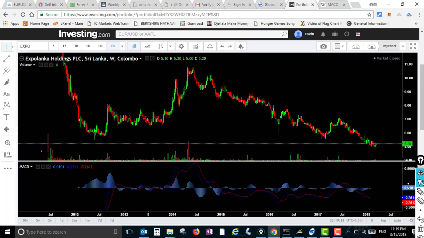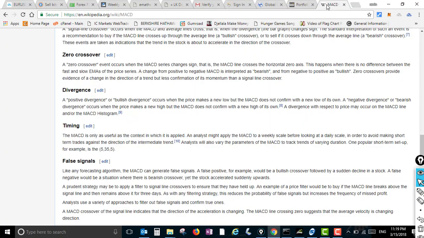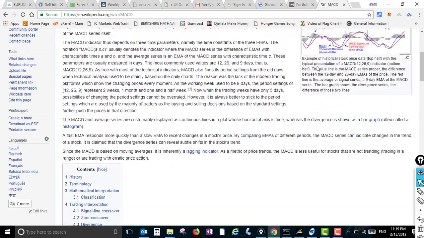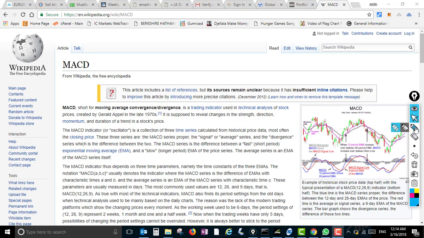So MACD, if you go to Wiki, we'll read what is on Wiki about MACD. MACD is short for moving average convergence and divergence, and is a trading indicator used in technical analysis of stock prices.